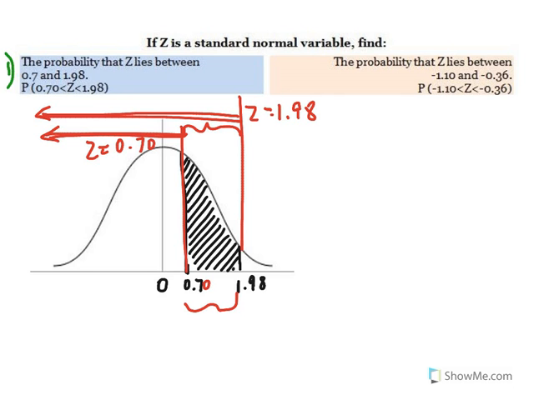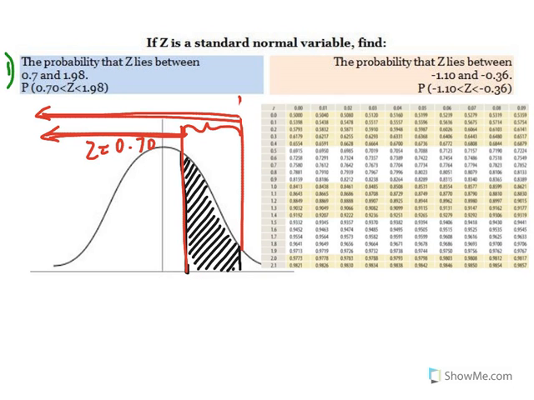So let's find that. Let's go to the table, right? And find all of these areas for the given z's. Okay, so let's find the probability or the area associated with z smaller than 1.98, or the area to the left of 1.98. So what we're going to do here is find 1.9, right?